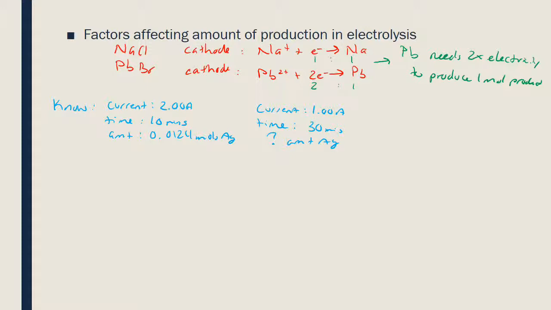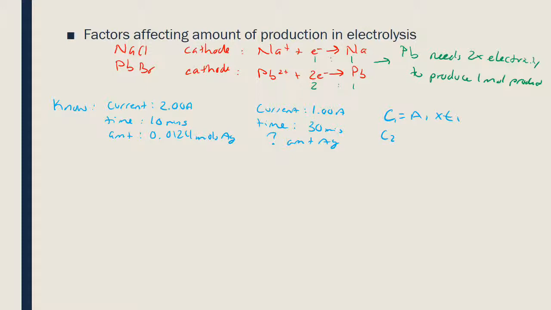You can look at this in a very simple manner by just looking at charge, because charge is an indirect measurement of the amount of product. Let's say the charge of reaction 1 equals amps 1 times time 1. This is very similar to M1V1 equals M2V2.